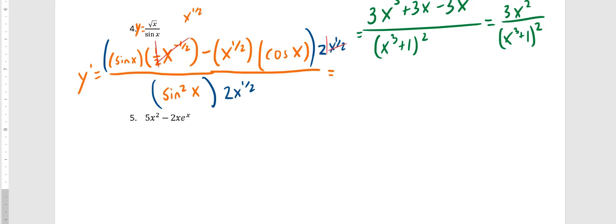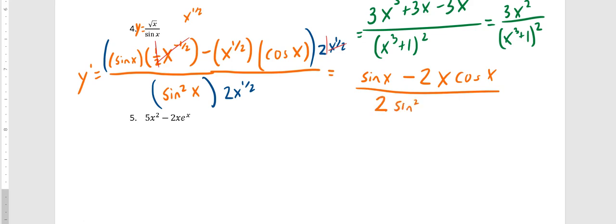My first term on the top is just going to be sine x minus 2x to the 1/2 times x to the 1/2 would be x cosine of x over 2 sine squared x root x.